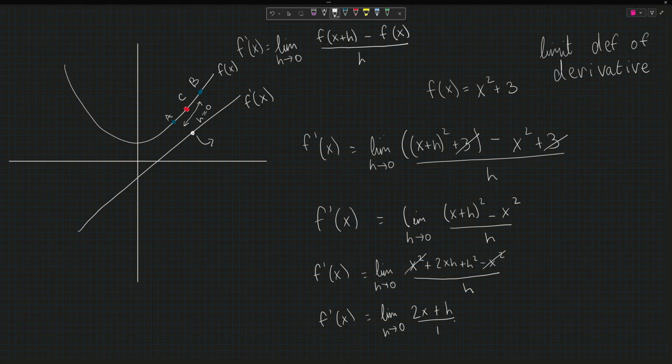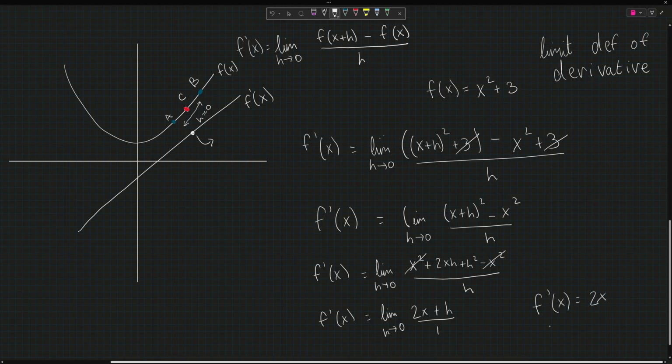What we'll have is a definite answer. So let's plug in the 0, and what we have here is actually f prime of x equals 2x. That is the derivative of x squared plus 3, 2x. Great.